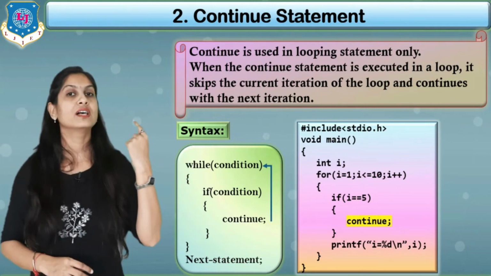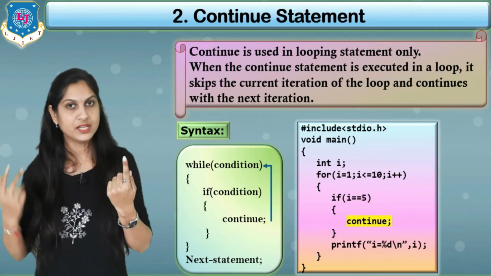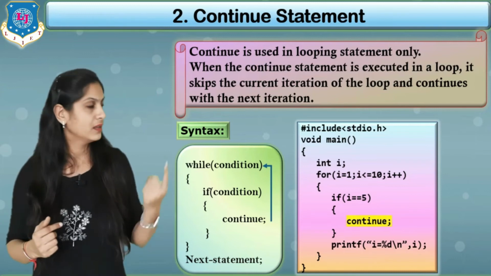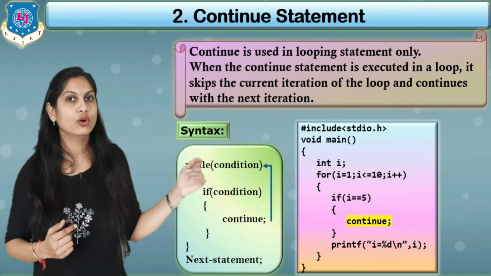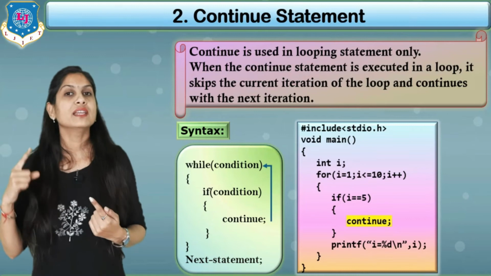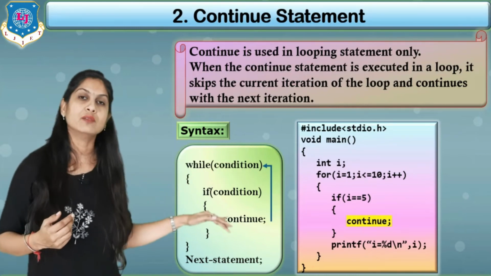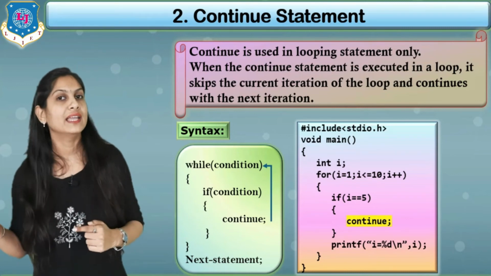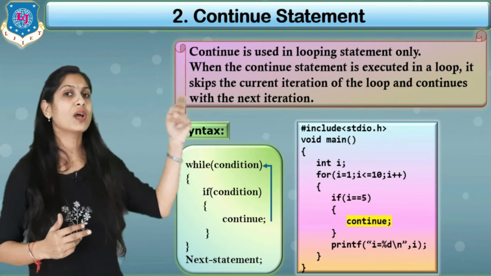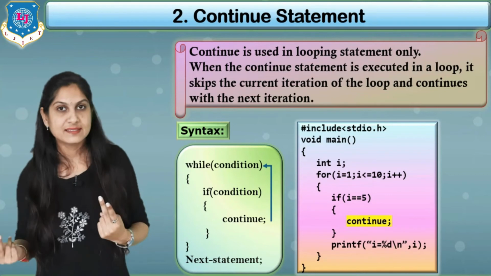Let's understand. First i is 1, the condition is true because 1 is less than 10. So go inside this for loop, check the condition, 1 equals 5, no. So continue will not be executed, and we move to the printf and print i equals 1. Now i becomes 2, so 2 is less than 10.